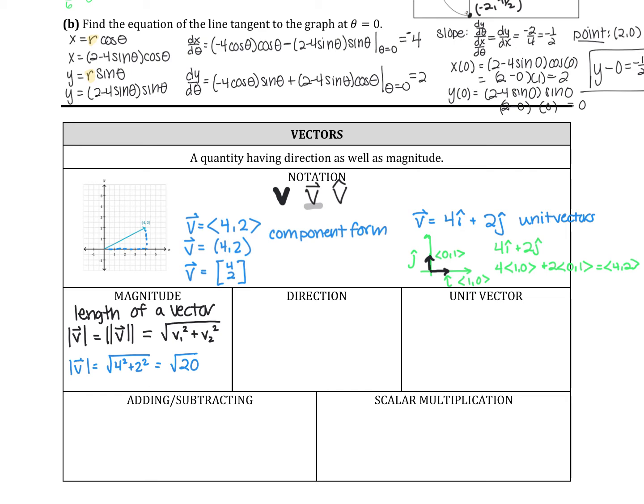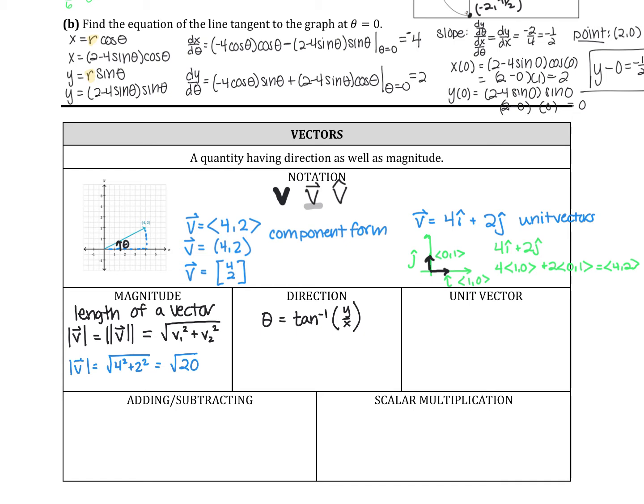Now, the direction of the vector, which way the vector is moving. The direction of the vector is based off of trig ratios. And the trig ratio that we're going to use is going to be tangent. And so this angle that is here will be our theta. And so when we talk about the direction, theta equals the tangent inverse of y over x.